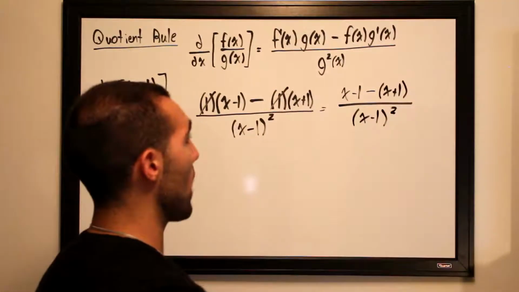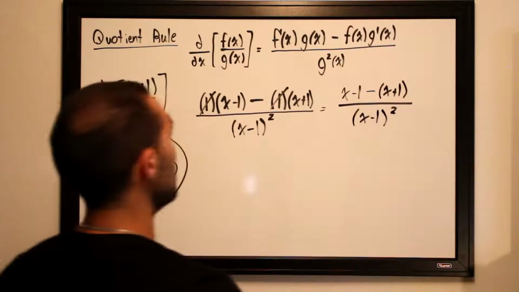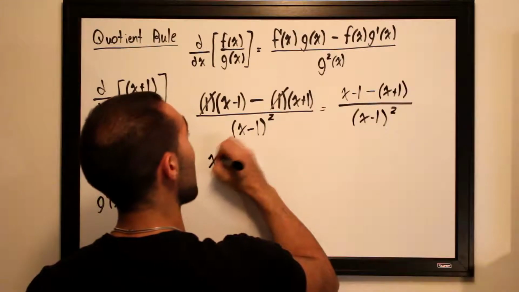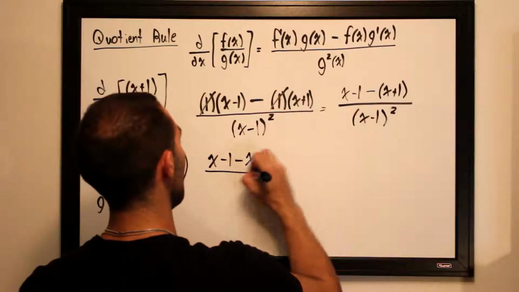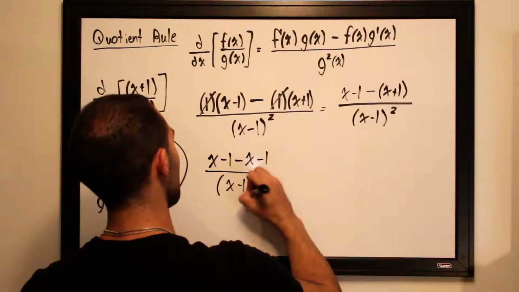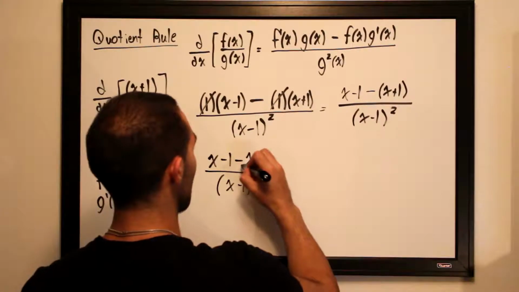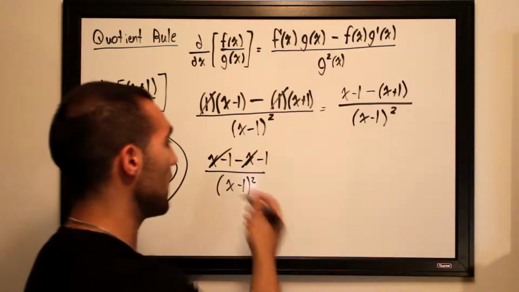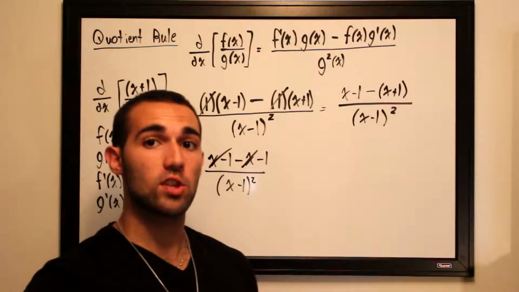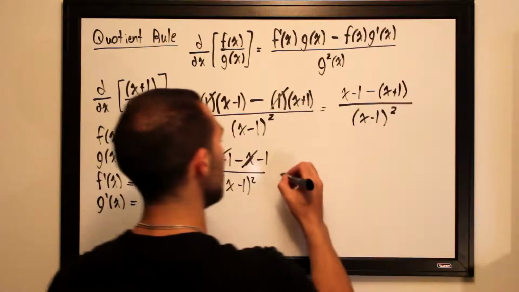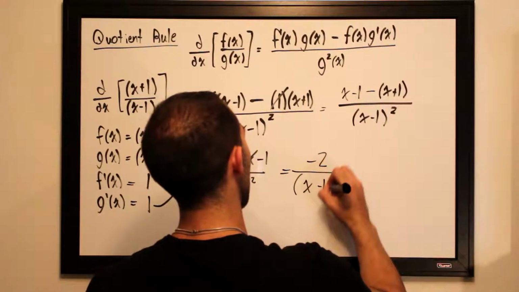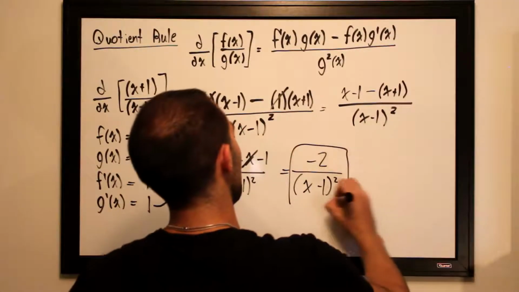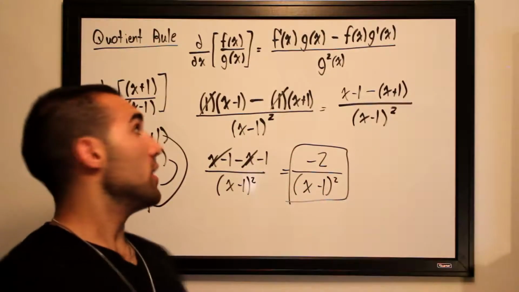And then if we drop these brackets and distribute the negative, we would be left with x minus 1 minus x minus 1 all over x minus 1 squared. Now we can cancel out these x's right over here, so we have negative 1 minus 1. That leaves us with negative 2 in the numerator. So we'll have negative 2 over x minus 1 squared. And that is the derivative of our initial function.